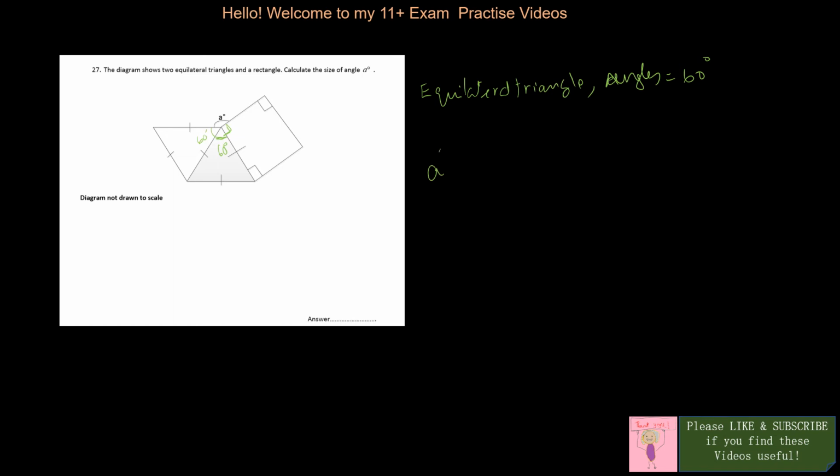So A degrees will be the angle around the point, 360 degrees minus (60 plus 60 plus 90). Okay, that equals 360 minus (60 plus 60 is 120, plus 90).